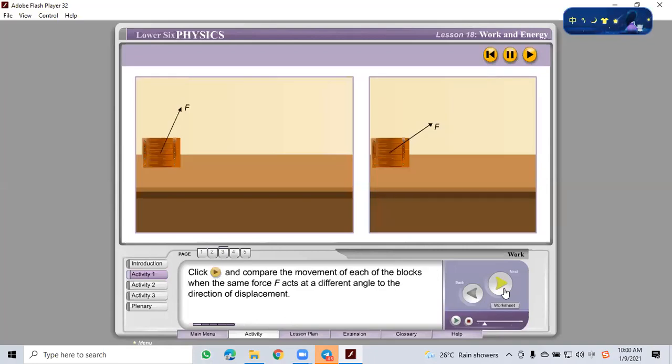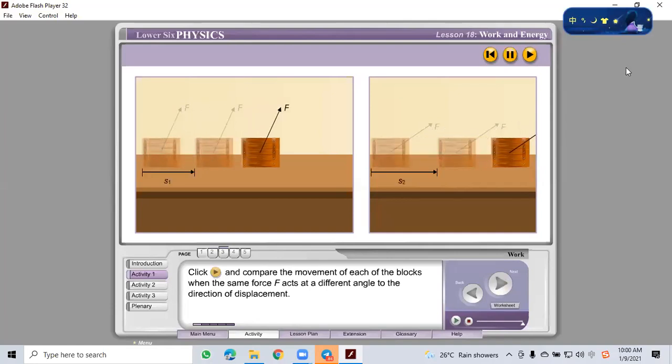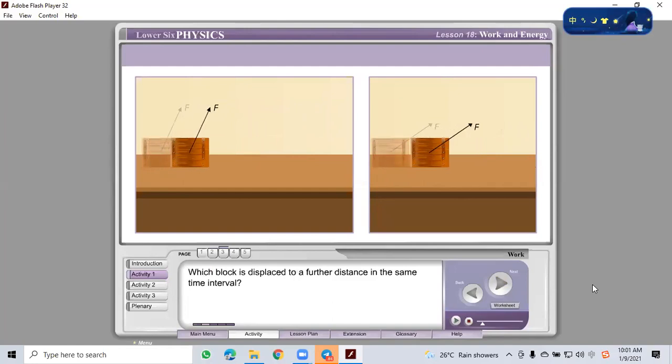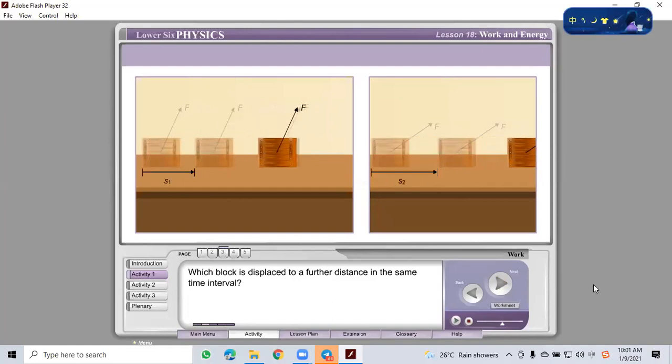Click the play button and compare the movement of each of the blocks when the same force F acts at a different angle to the direction of displacement. Which block is displaced to a further distance in the same time interval?